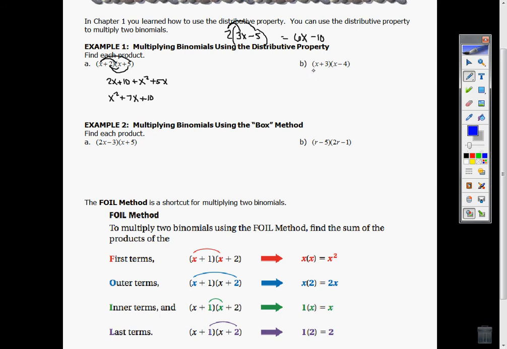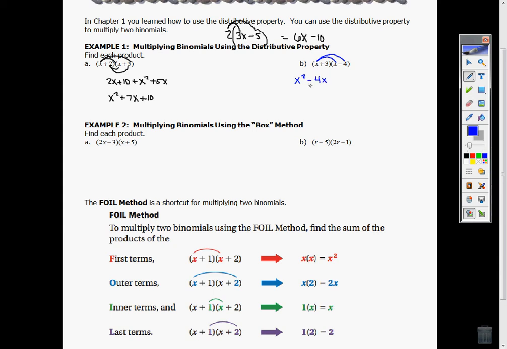Same type of situation. I have to distribute the x to both terms, which will get me x times x is x squared, and x times negative 4. Keep in mind that the sign in front of the number goes with that number. So x times negative 4, negative 4x.